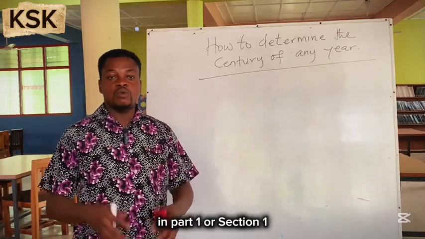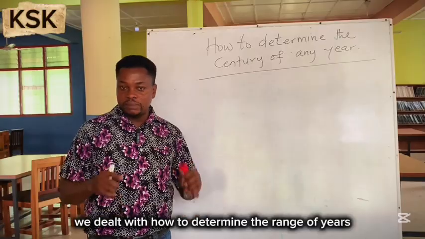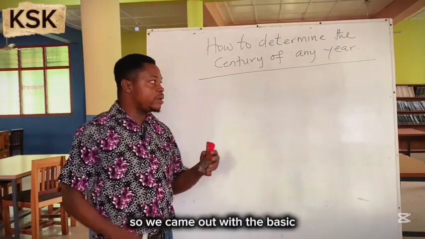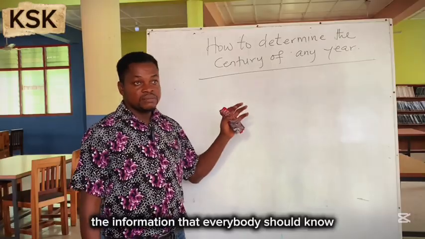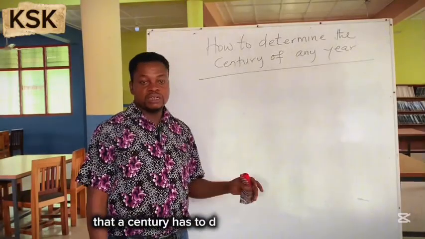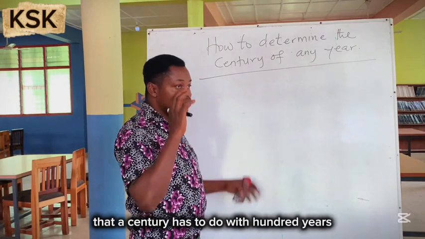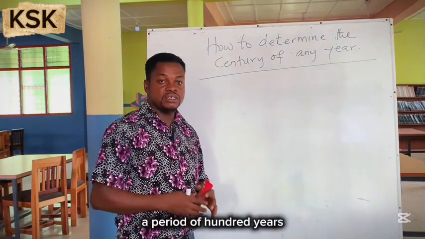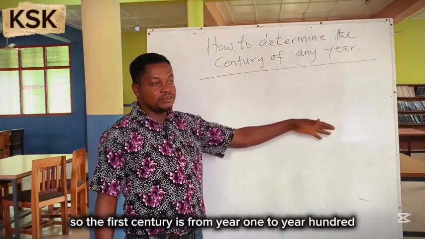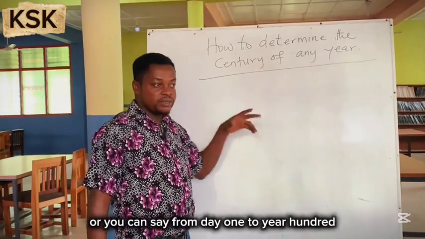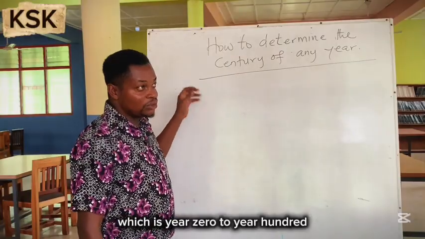In part 1, we dealt with how to determine the range of years. We came out with the basic information that everybody should know: a century has to do with a period of 100 years. The first century is from year 1 to year 100, or from year 0 to year 100.